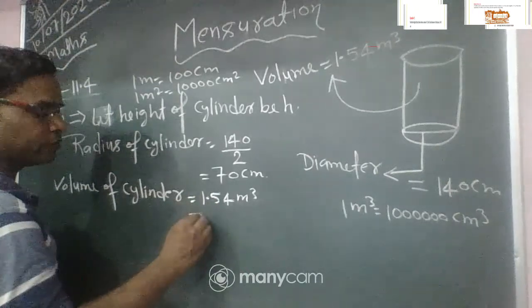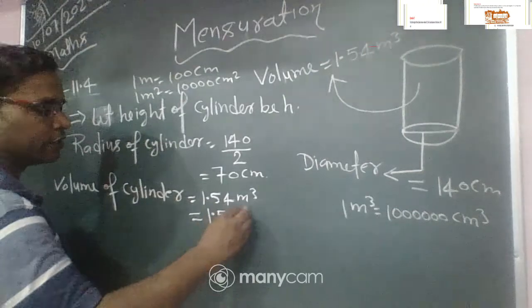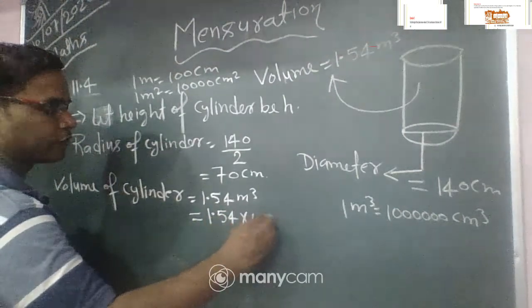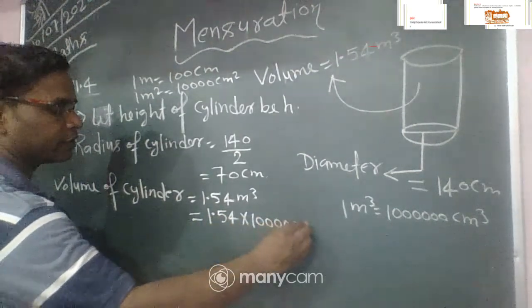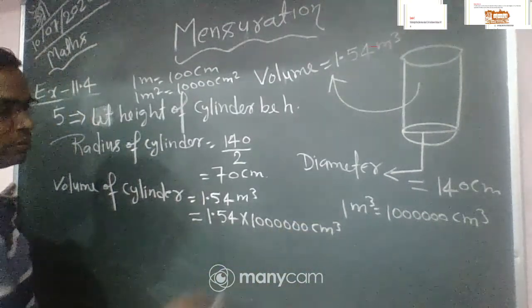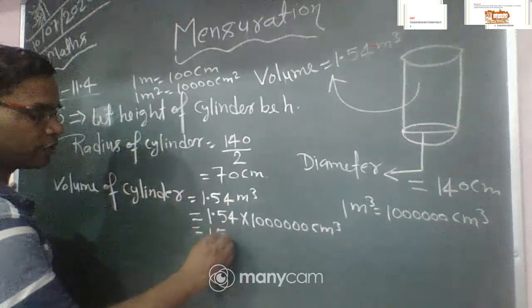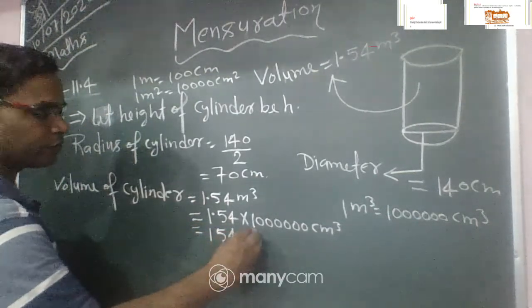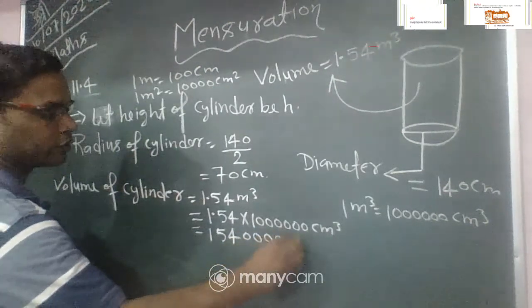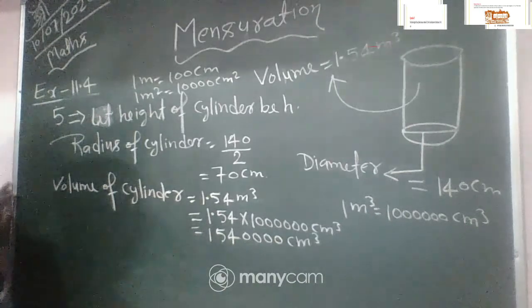This is equal to 1.54 into 10^6 centimeter cube. Okay, multiply this, we obtain here the volume in centimeter cube.